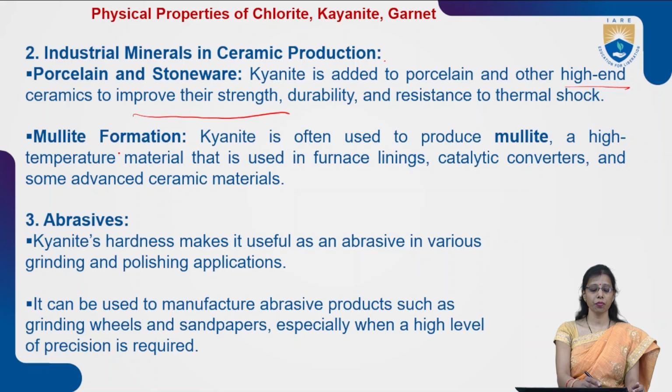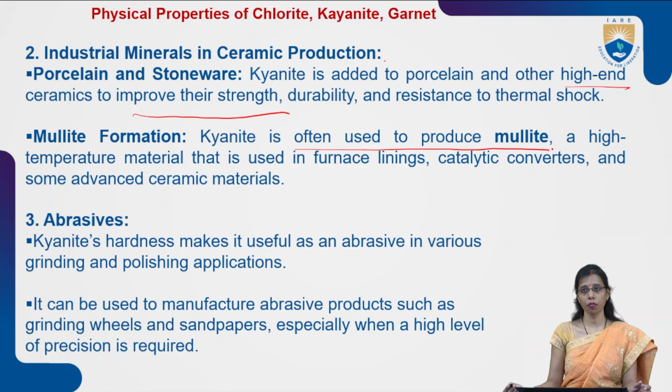And mullite formation: kyanite is often used to produce mullite, a high temperature material that is used in furnaces or linings. So kyanite is used in furnace linings, catalytic converters and some advanced ceramic materials. It is also used as abrasives.